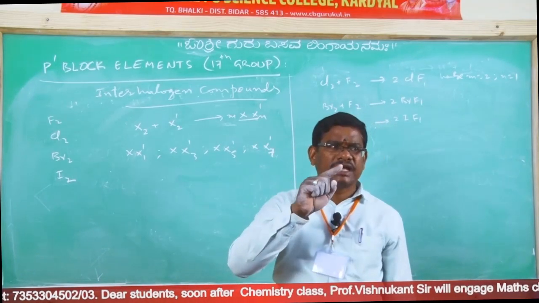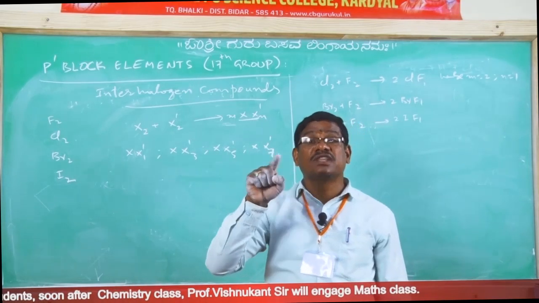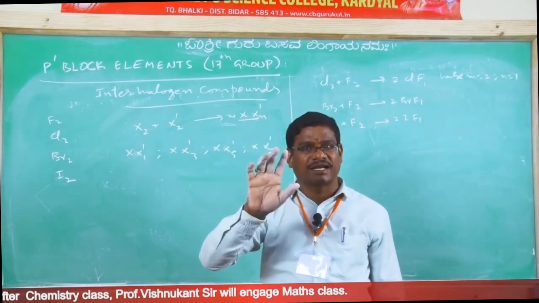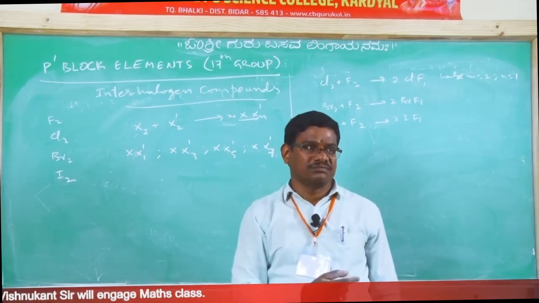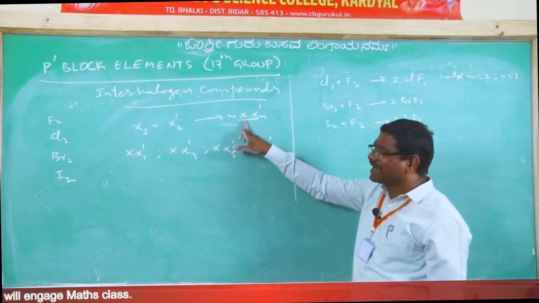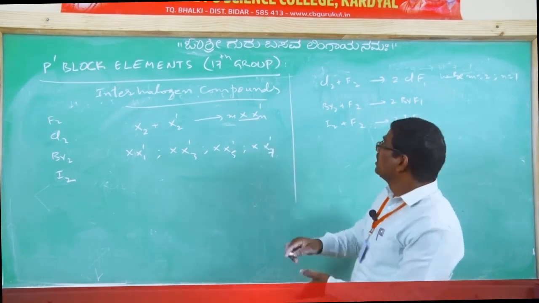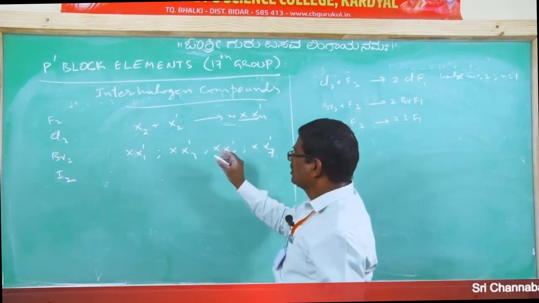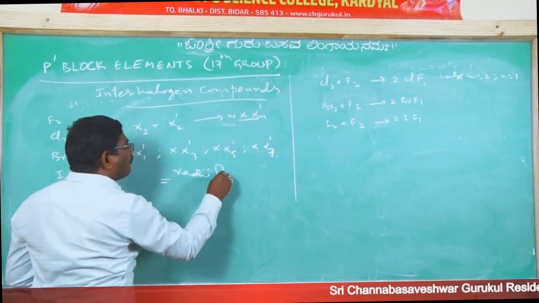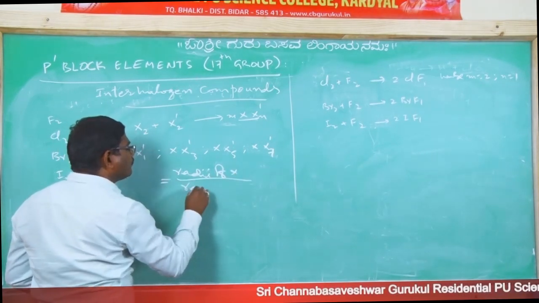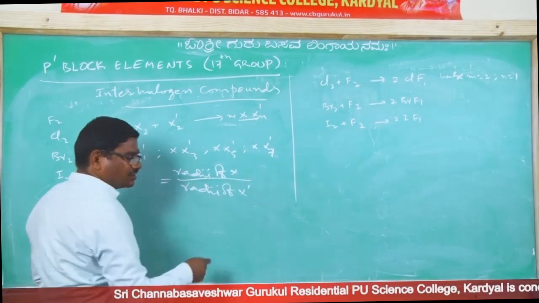Here, take the ratio of the radii of the larger size X atom to the smaller size X' atom, the radii of X to the radii of X'.